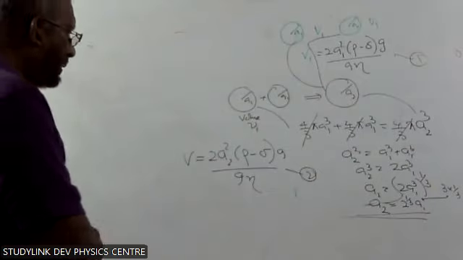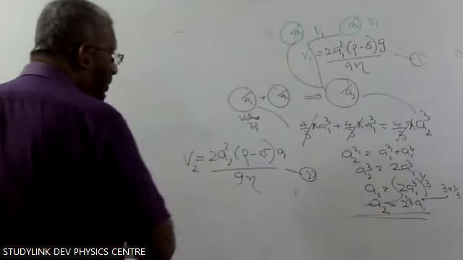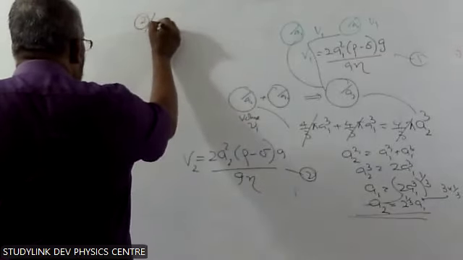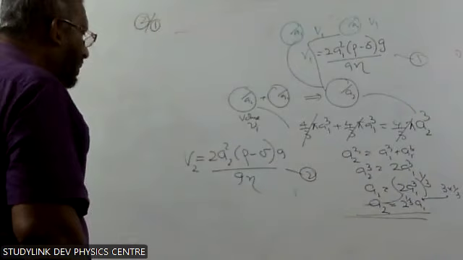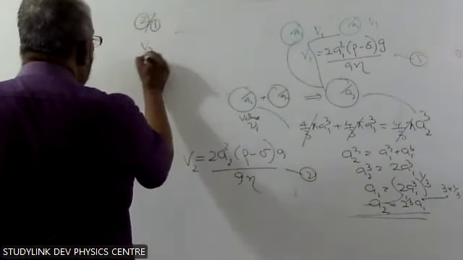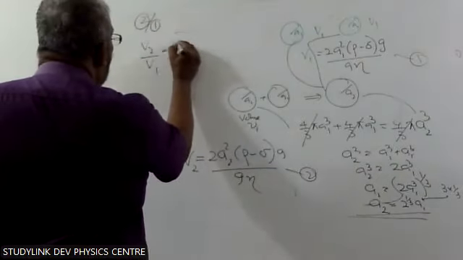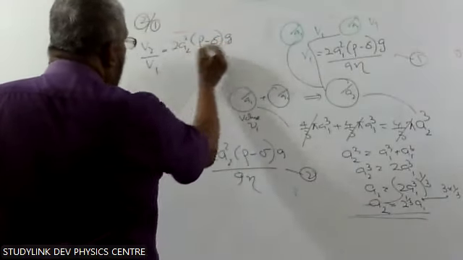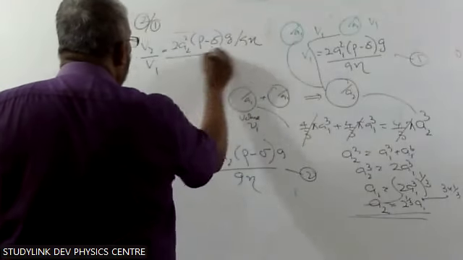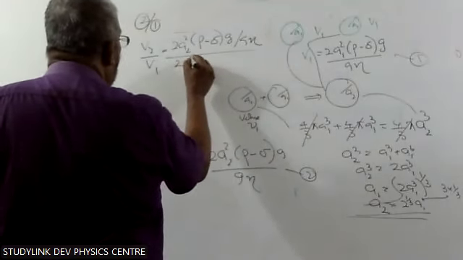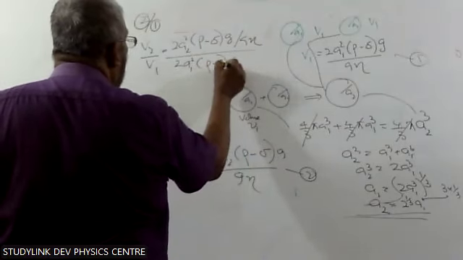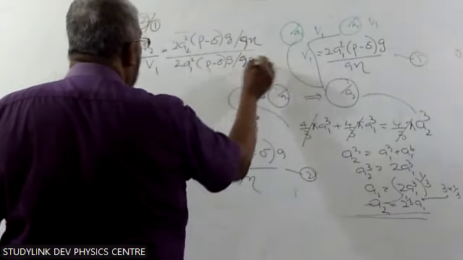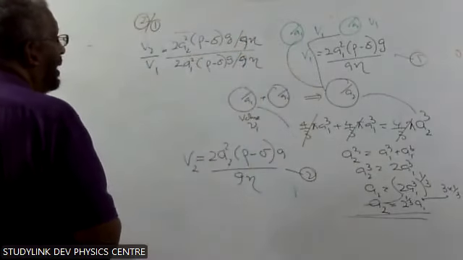Then if you divide, this is V2, the second one divided by the first one. Then V2 over V1 is equal to 2A2 squared (rho minus sigma) g over 9 eta, divided by 2A1 squared (rho minus sigma) g over 9 eta. See what's happening?